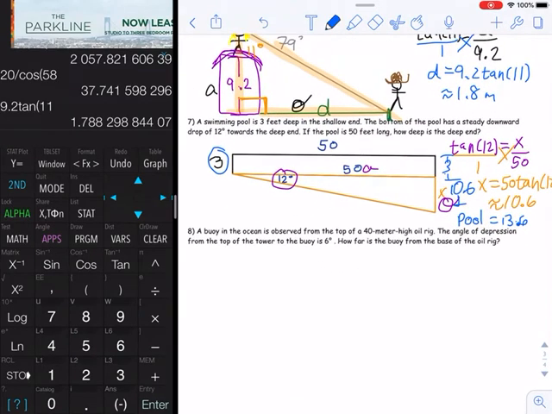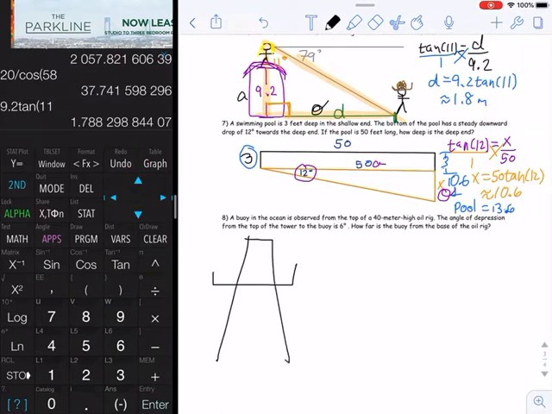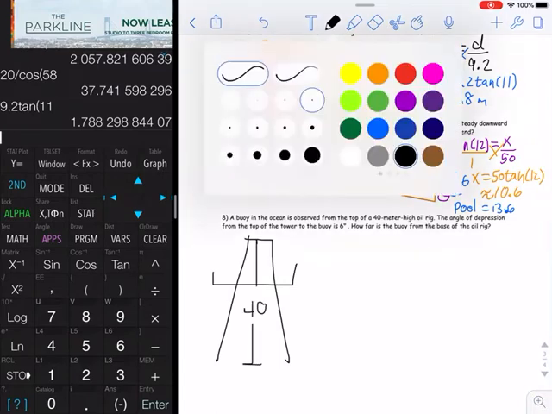Alright, a buoy in the ocean is observed from a 40-meter high oil rig. Alright, so here's my oil rig. Alright, this oil rig is 40 meters high. Right?